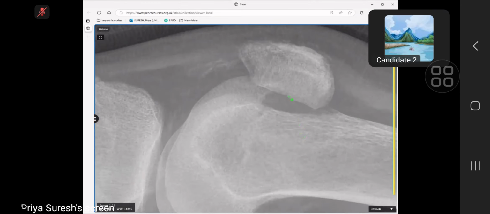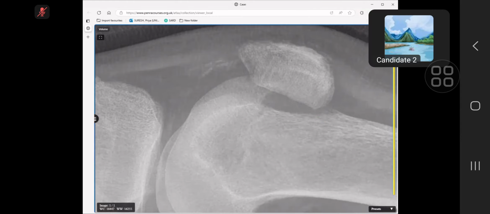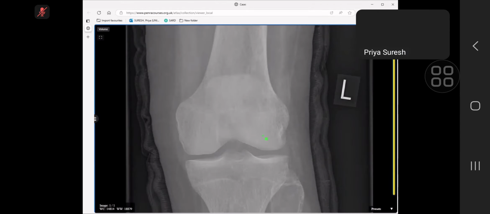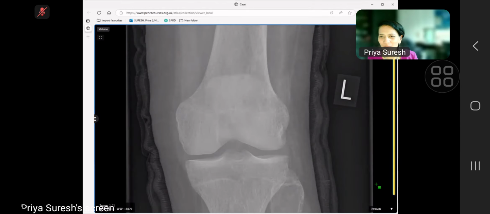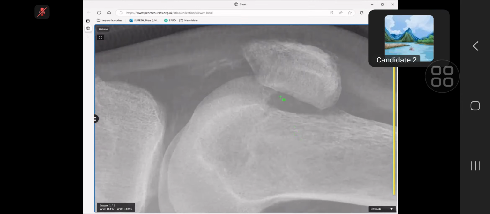Ma'am, I still am not able to figure out, these types of degenerative changes shouldn't be there at this age. There's soft tissue calcification. Is it a degenerative change, or is it like a brown tumor that you're looking at? Ma'am, it is eccentric.